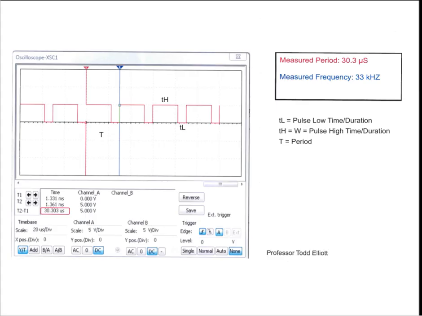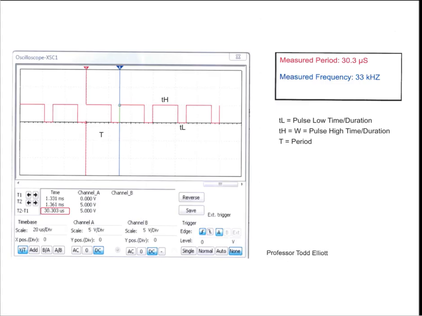notice that the high time TH is much wider than the low time TL. I have the reasons for this explained in another presentation, but basically it's because it's not possible to have the same charging and discharging times for those external resistors and capacitors, so therefore the high and low times can never be equal.